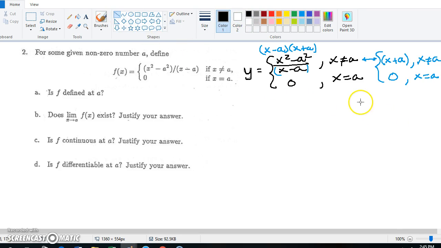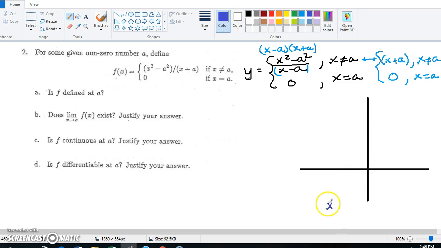I want you to visualize what this function looks like. I'm going to pick an a value of 3, just to kind of get it in my head. So if a is 3, I'm looking at x plus 3 when x does not equal 3, and I'm looking at 0 when x does equal 3.